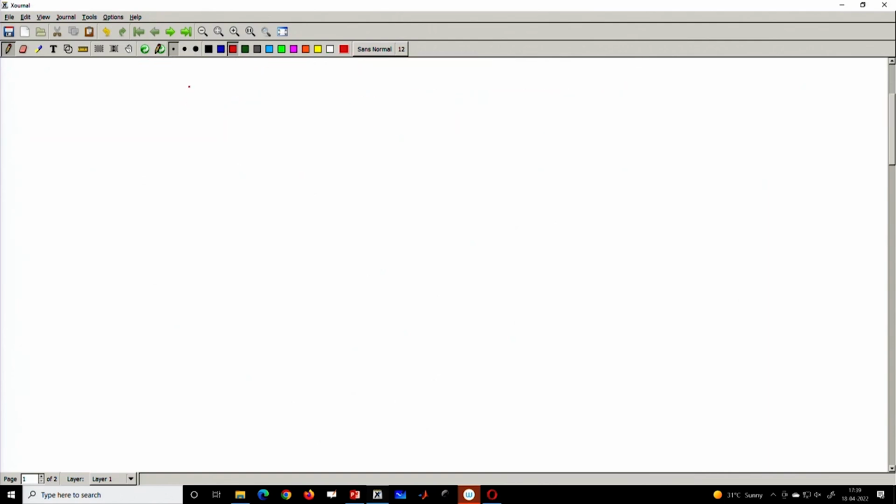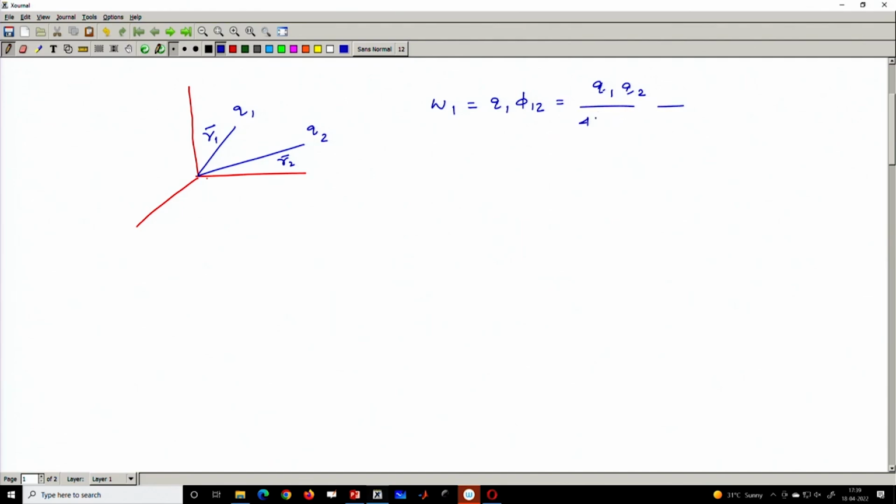For a system of two charged particles at points R1 and R2, with charges Q1 and Q2, we calculated the potential energy W as Q1 phi 12, which is equal to Q1 Q2 divided by 4 pi epsilon naught times the magnitude of R2 minus R1.